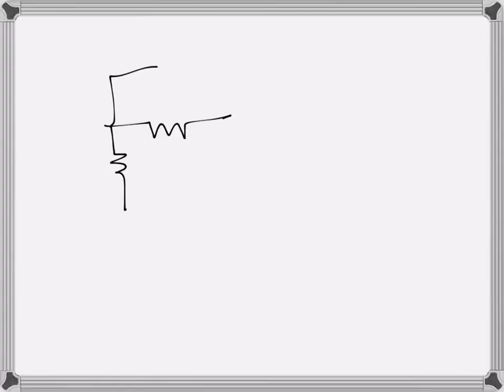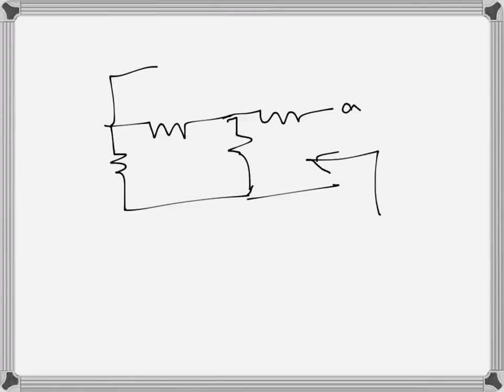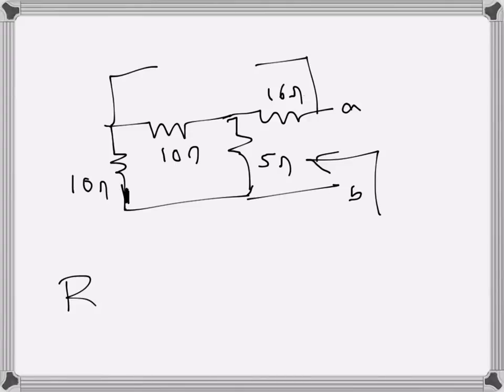The current source is open there, we have this one here, and we have 16 ohms there, like that, and we need to find the resistance as seen from here. And this one is there, the voltage source here is short circuited, 10 ohms, 10 ohms, 5 ohms, and 16 ohms. Now what we have, the resistance, let's call it R Thevenin.